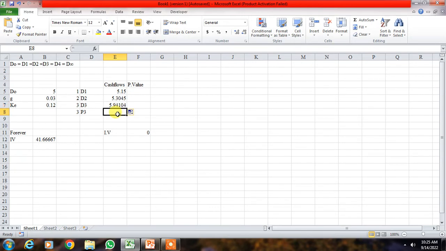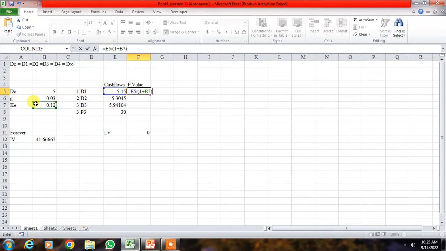And let's suppose the price of the common stock is 30 at the end of the third year, you can find out the present value of the expected cash flows. Let me make it constant.